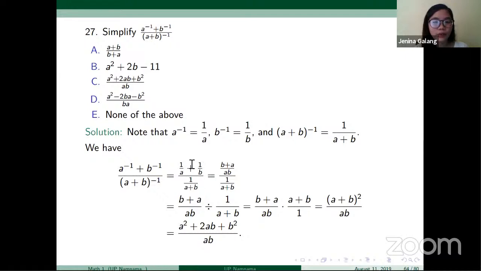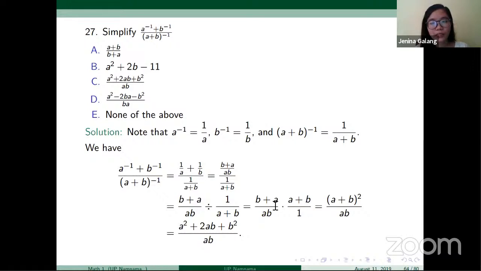So, pagsamahin natin tong expressions, yung terms natin sa numerator, we have this. And divide this. So, kapag sa pag-divide dito, we will reverse tong divisor. Pagpapalitin natin yung numerator and yung denominator, and gagawin natin siyang multiplication.